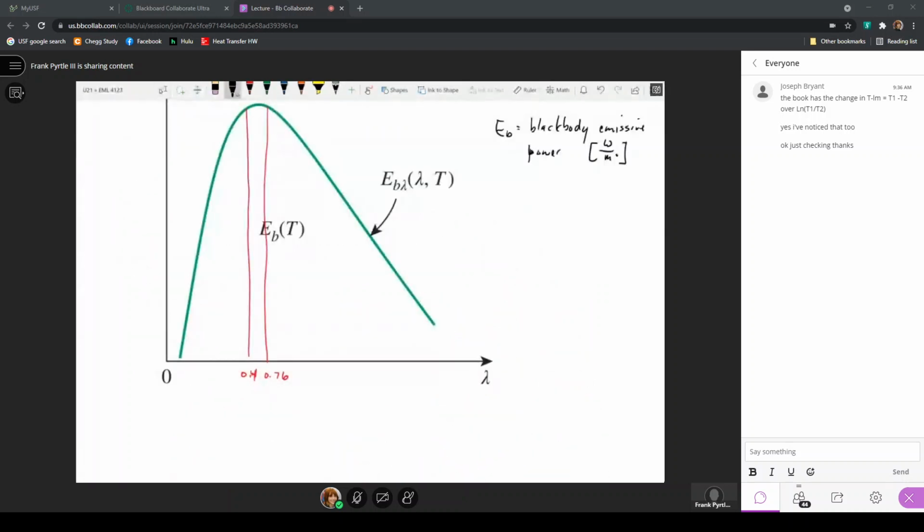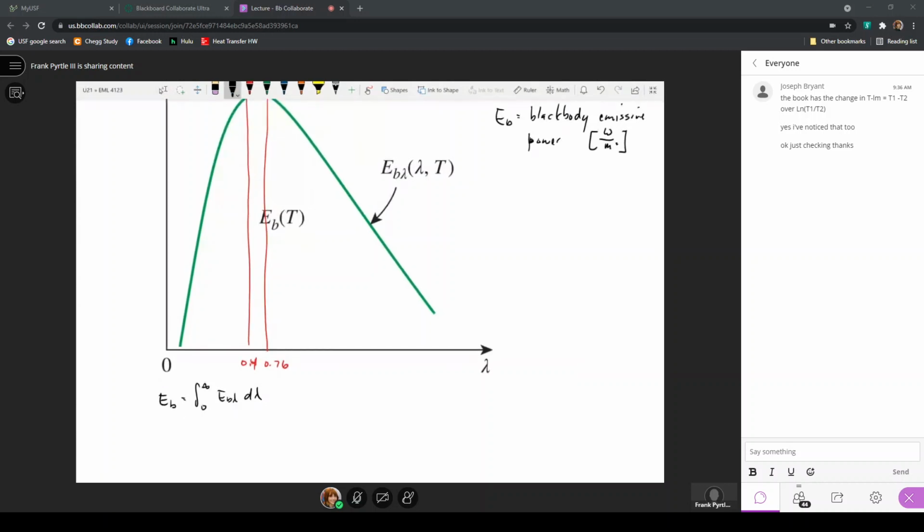If EB is the integral from 0 to infinity of EB lambda d lambda, and I want to get just the portion that is in the visible light spectrum, EB from 0.4 to 0.76 microns would be equal to the integral from 0.4 to 0.76 microns of EB lambda d lambda.